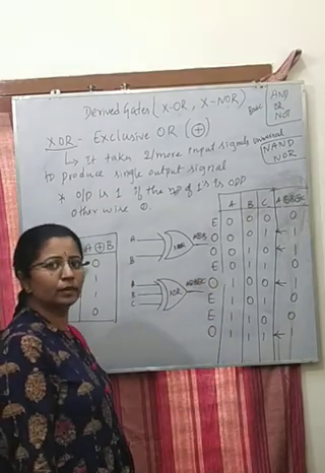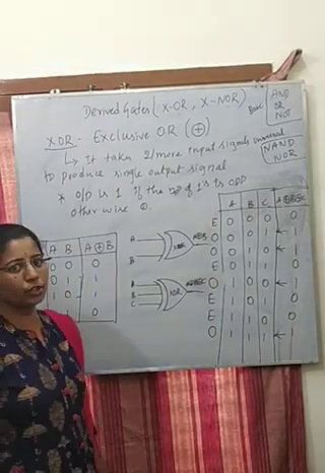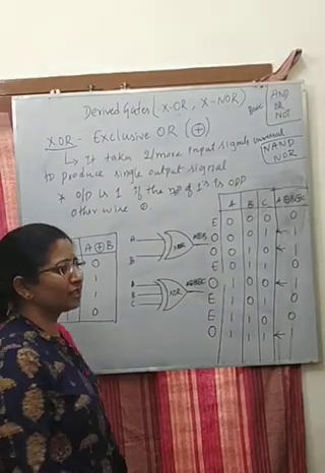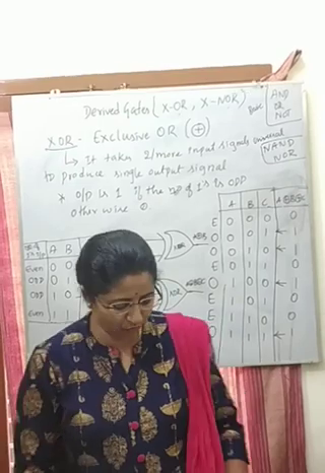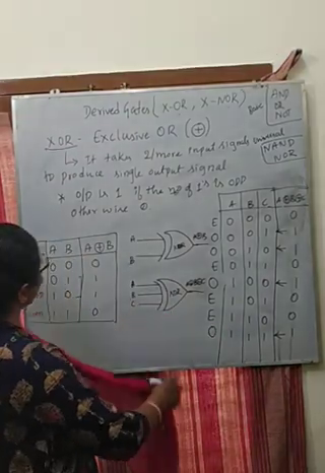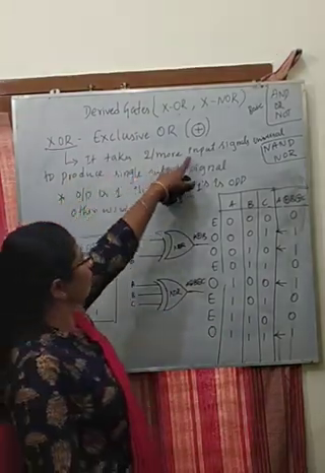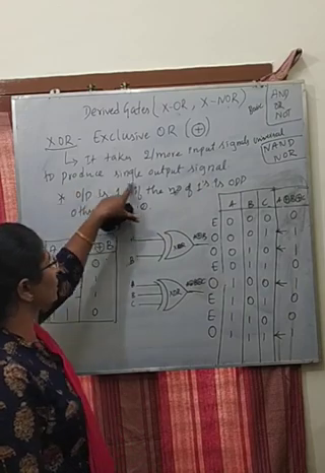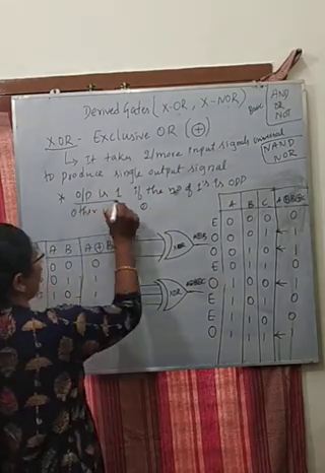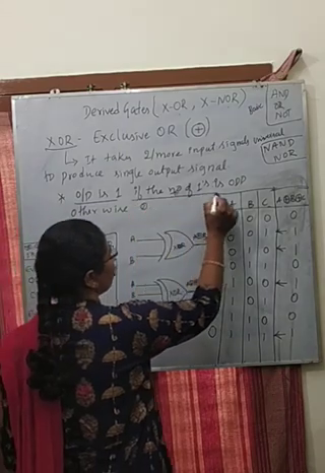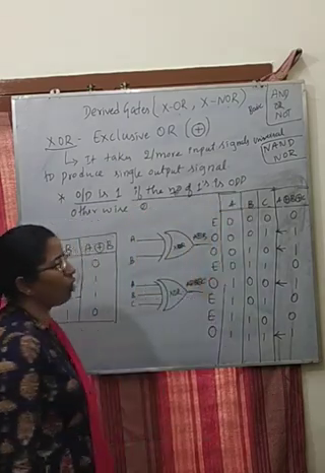Yes, this is your exclusive OR. It is an extended version of the OR gate. It takes 2 or more input signals to produce a single output. Output is 1 if the number of ones in the input is odd.